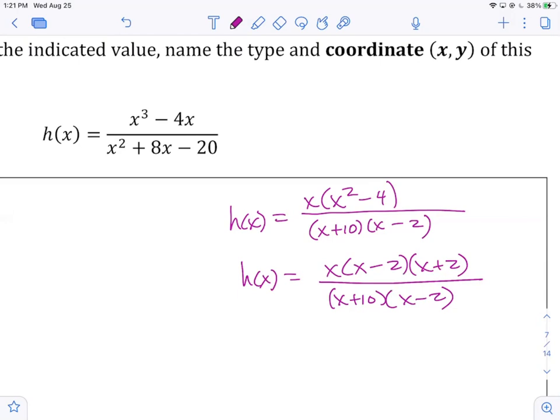So remember that you can determine if those two discontinuities, negative 10 and 2, are holes or vertical asymptotes by plugging them into the top. 0 over 0 is a hole, non-zero over 0 is a vertical asymptote. But if you already have it factored, you don't really need to plug it in, right? Because look at this. If it causes a 0 in the top and the bottom, it's because that factor is in the top and the bottom.